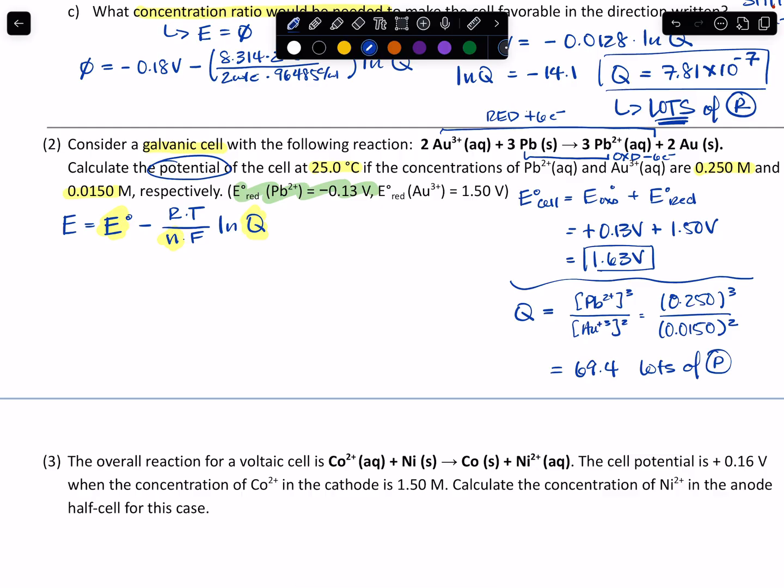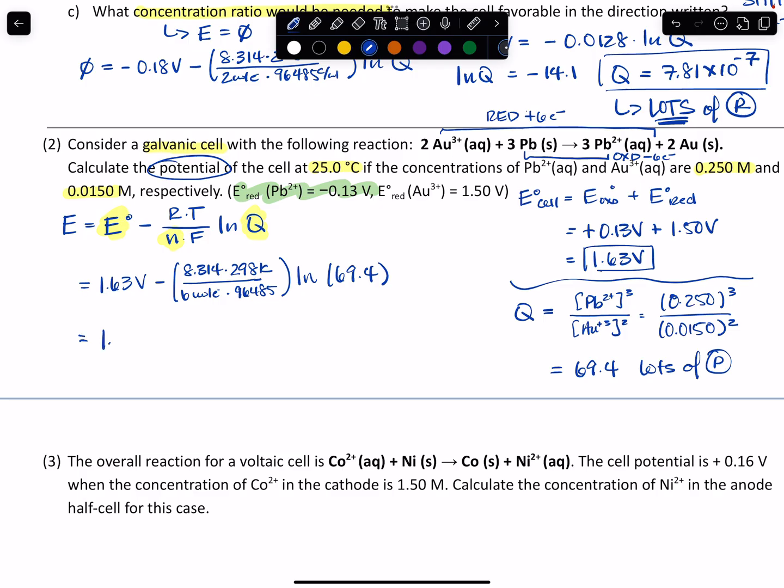So now we have everything we need. We go back over to our formula. We plug in our standard cell potential. 8.314 for R. We're at 25 degrees Celsius, so 298 Kelvin. We said we're transferring 6 moles of electrons, and then we've got 96485 for Faraday's constant. And then we'll need to take the natural log of 69.4.